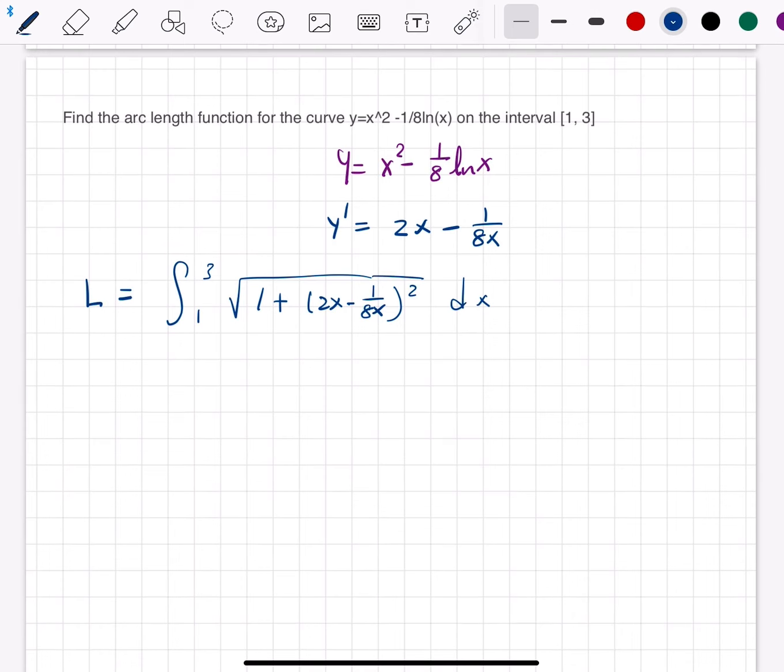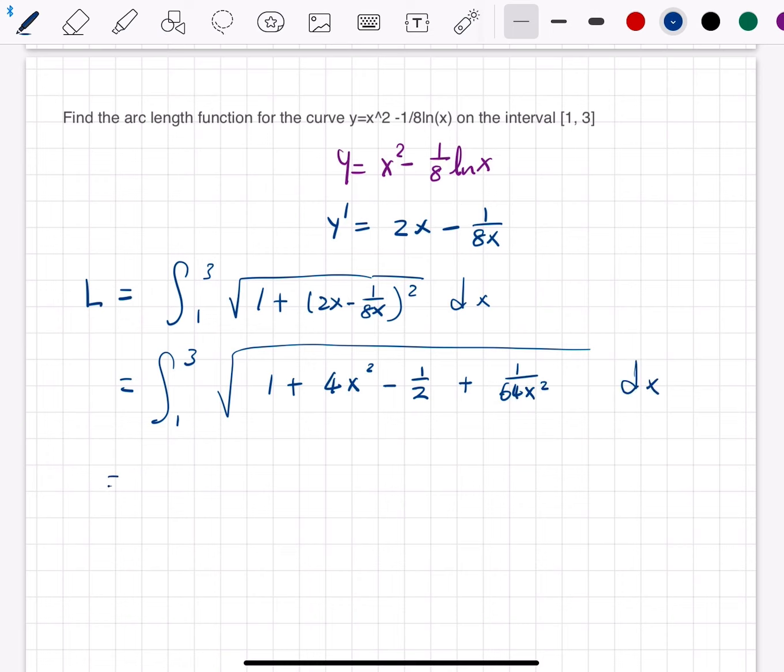To simplify it a little bit, using some algebra, we ended up with 1 plus 4x squared, minus 2x times 1 over 8x, which is 1 over 4 times 2, so 1/2, plus 1 over 64x squared, which is going to be 1/2 plus 4x squared plus 1 over 64x squared.